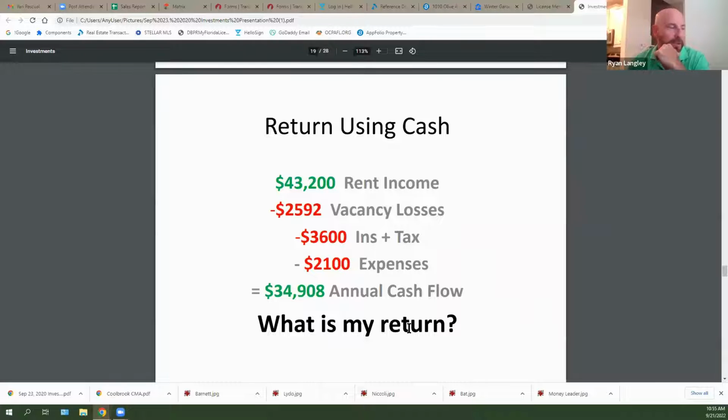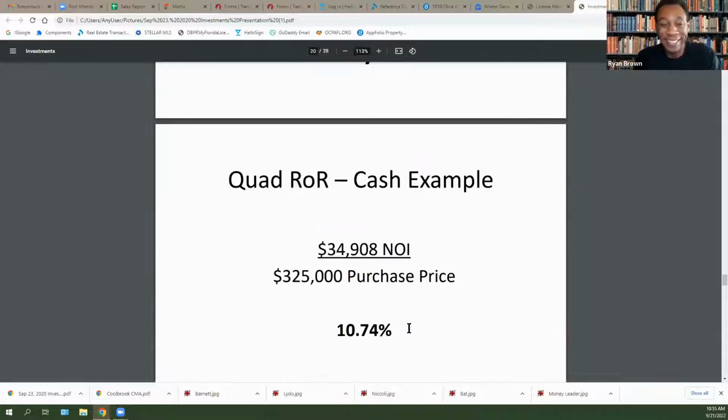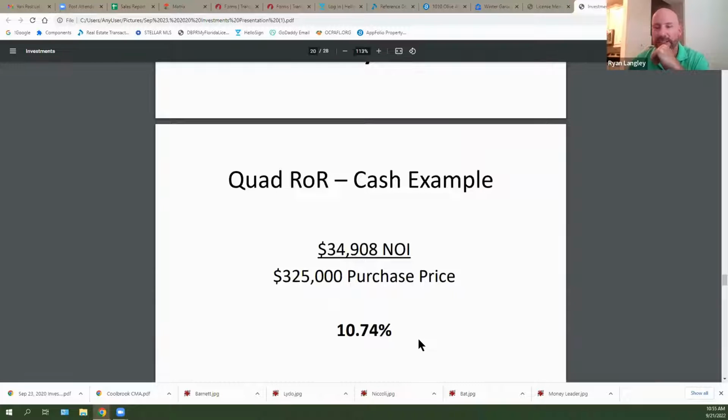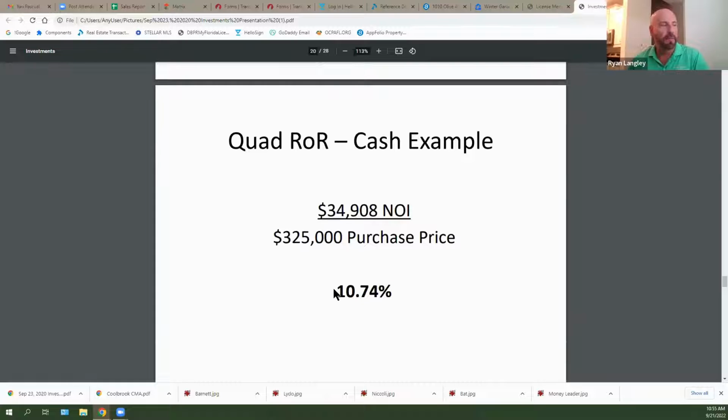Put into your calculator 34,908 and then divide it by 325,000. 10.7. There you go. 10.74%, right? So that's how you figure a cap rate: net operating income over the purchase price.